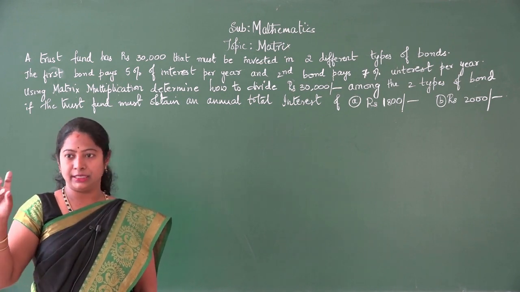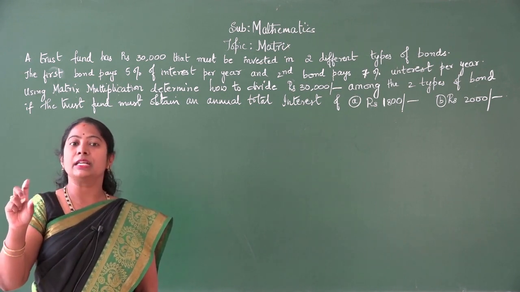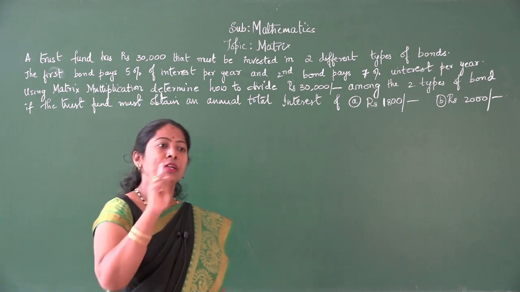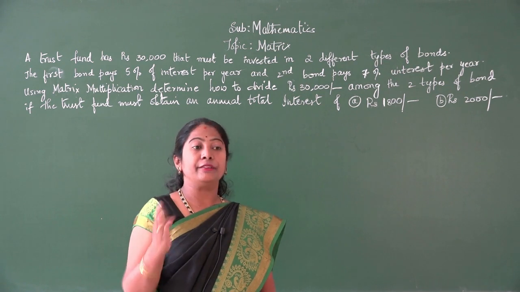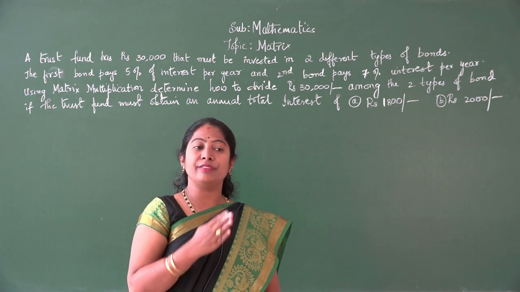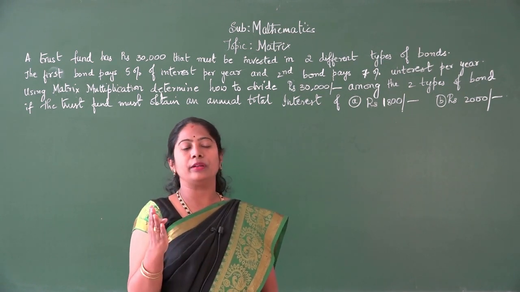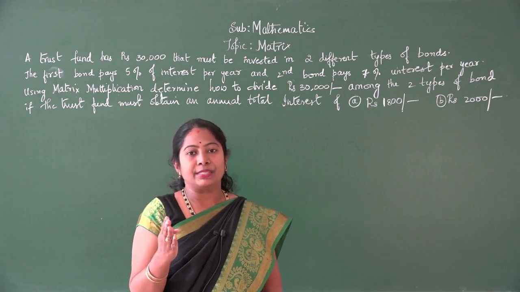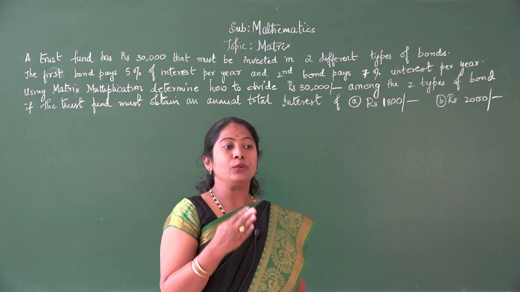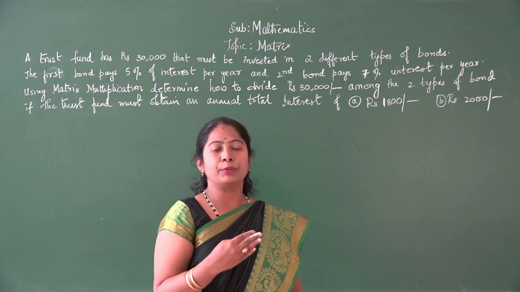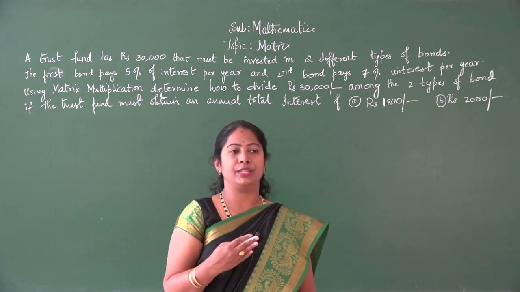Principal amount is 30,000. Divide this 30,000 into how many types of bond? Two types of bond. We have to divide in such a way that the first bond pays an interest of 5% and the second bond pays an interest of 7%. When we divide this 30,000, the annual interest must sum up to 1,800.